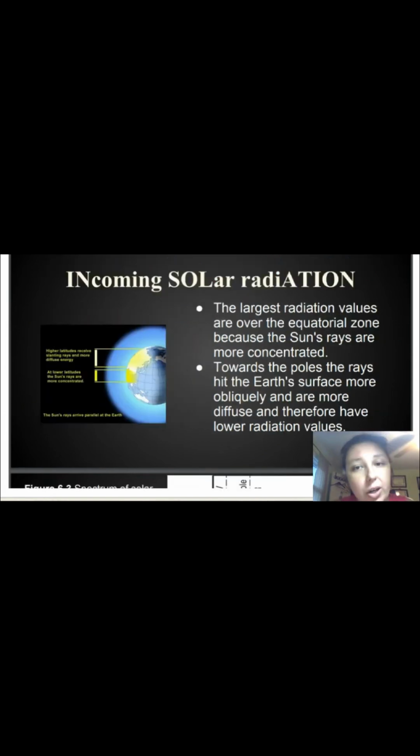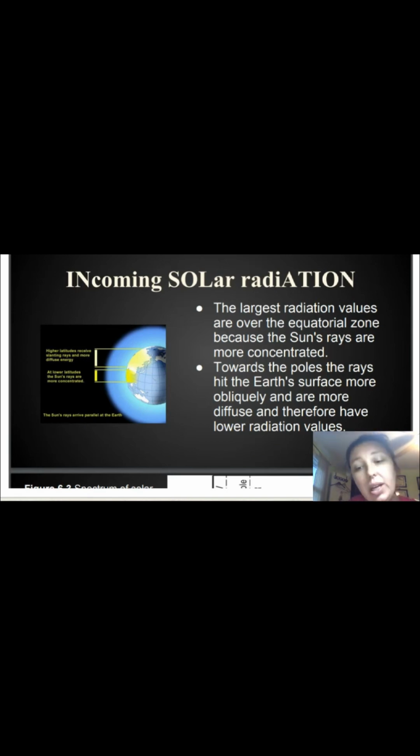One of the terms you'll run into is incoming solar radiation, or insolation. And this is referring to the sunlight specifically that makes it through the atmosphere down to the surface of the Earth.